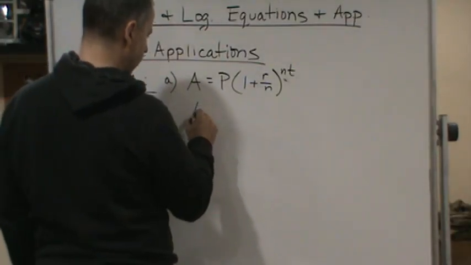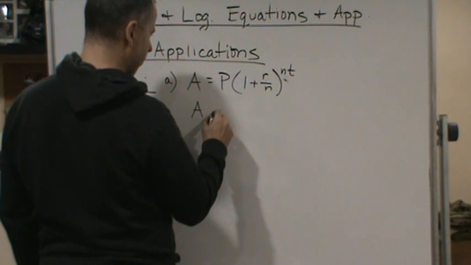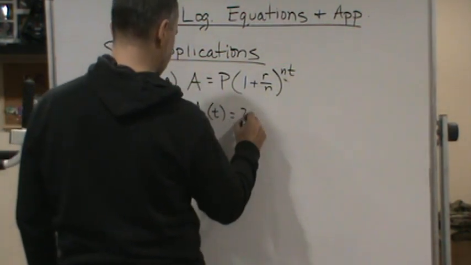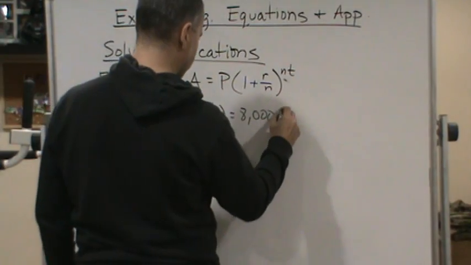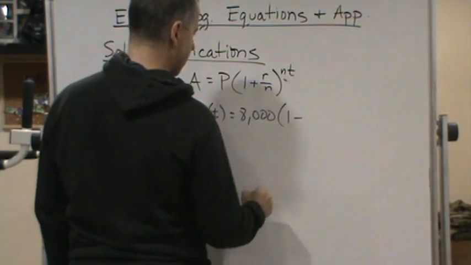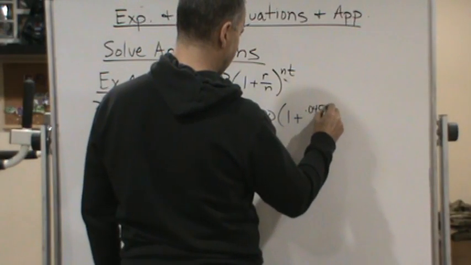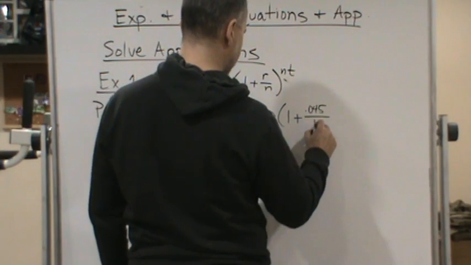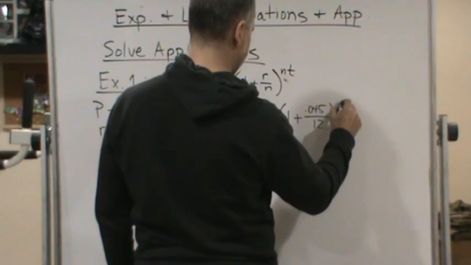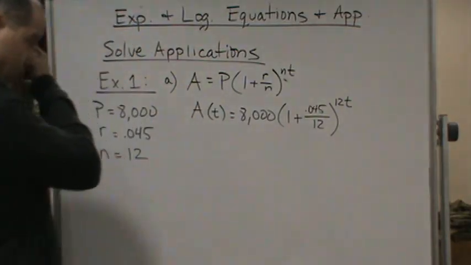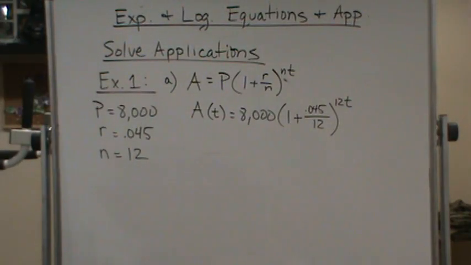In this case, we would say A of t equals 8,000 times the quantity 1 plus 0.045 divided by 12, raised to the 12t. So that is our function or equation.